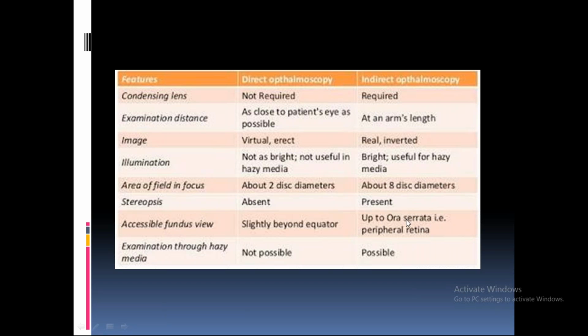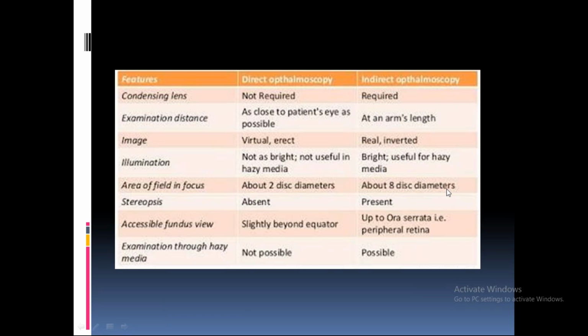You can see if there are any holes in the peripheral retina, if the patient has high myopia, peripheral retinal detachments, or rhegmatogenous breaks in the peripheral retina, then indirect ophthalmoscopy is very useful. Here you can do a prophylactic laser. In retinopathy of prematurity, in all these conditions, you have to go for indirect ophthalmoscopy. Examination through hazy media is not possible in direct ophthalmoscopy. It is possible in indirect ophthalmoscopy. These are the advantages of indirect ophthalmoscopy.